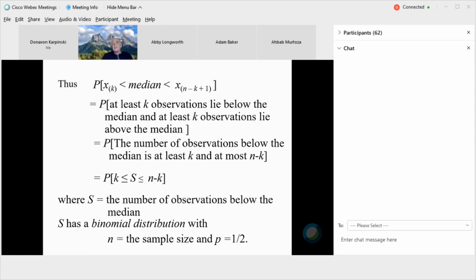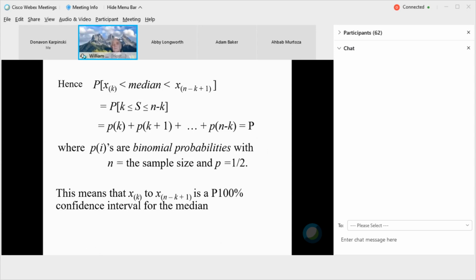The number of observations that are above, or the number of observations that are below, has a binomial distribution with n equal to the sample size and p equal to a half. So this probability can be calculated for any value of k by calculating binomial probabilities. The probability that the median is between X bracket k and X bracket n minus k plus 1 is the probability that the number of observations above the median is at least k but smaller than n minus k.